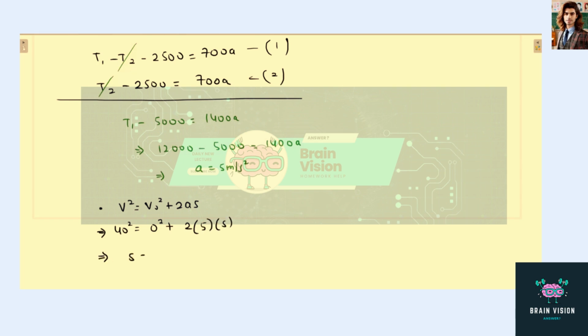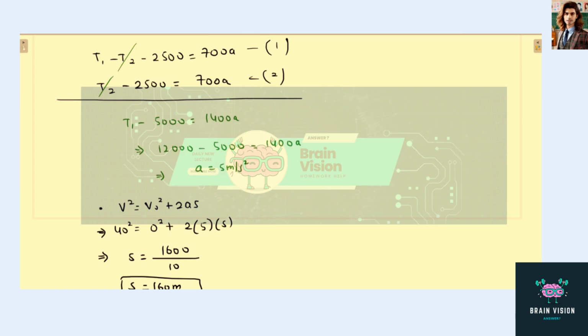So s is 40 squared, which is 1600, over 10, which comes to 160 meters. This is the required answer for part A, the distance it must travel to reach that particular speed.